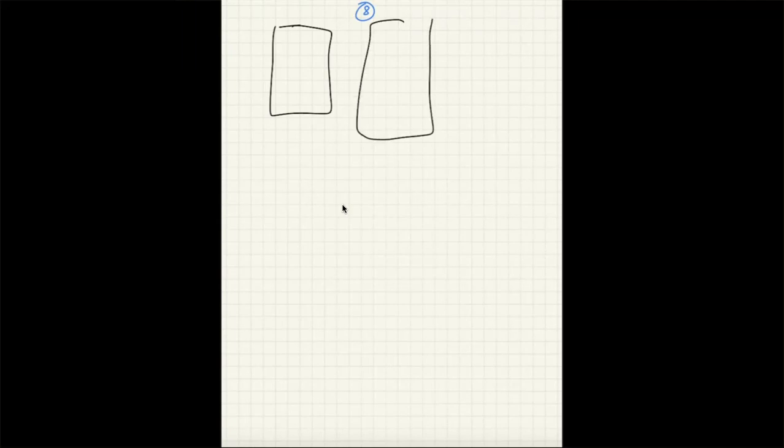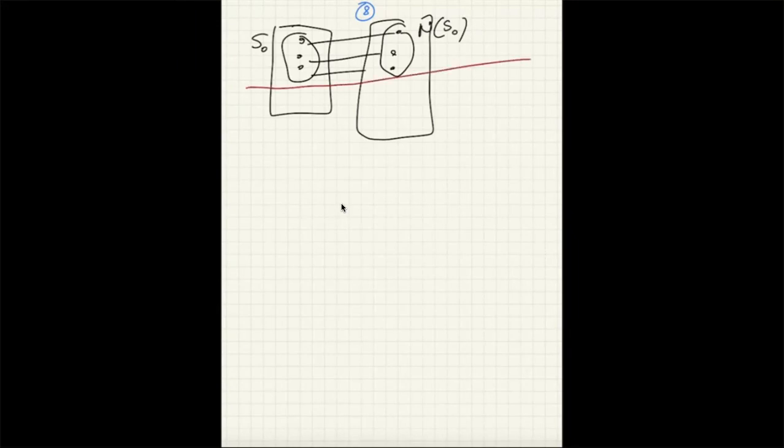Now the second part, we are looking at the bottom part of the graph. So let me draw it again. This is S0, and here we have A minus S0.